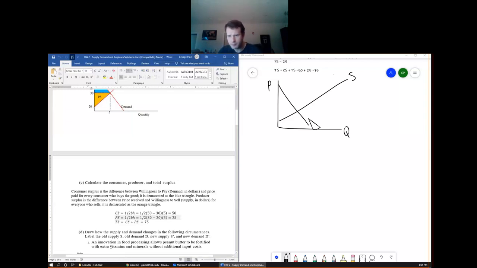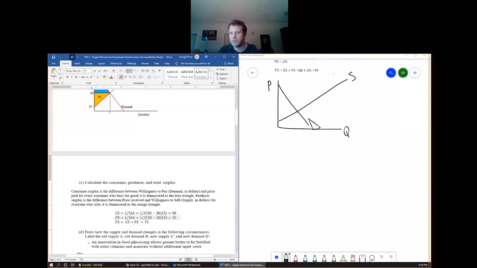Okay. So we start with innovation in food processing, allows peanut butter to be fortified with extra vitamins and minerals without additional input costs. Okay. So there's no change in input costs, so it shouldn't really affect supply.